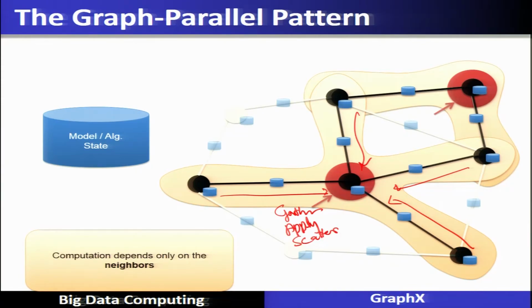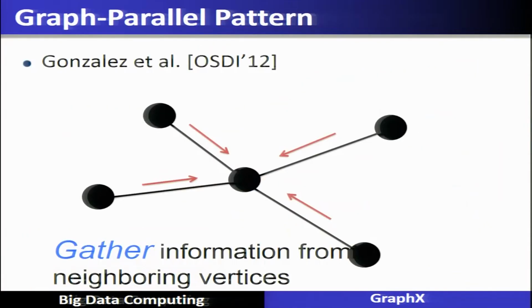This kind of operation is run in parallel at all the nodes. Hence, graph parallel computation can be performed in this manner. Therefore, the graph parallel pattern is a part of the GraphX implementation.